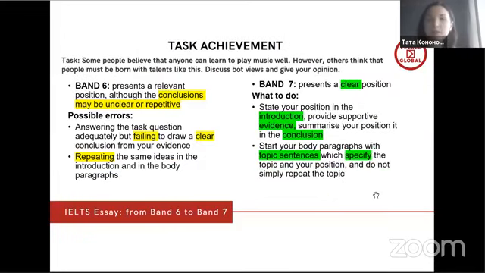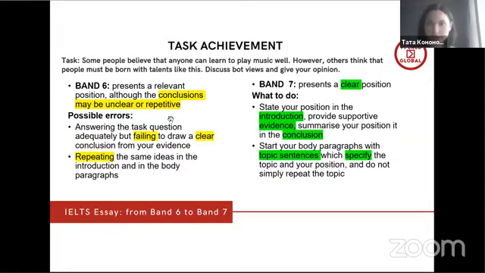The next point about task achievement says that you should present a very clear position throughout the whole essay. While if your conclusions are not very clear, or you repeat the same ideas all the time, then you will get only a band 6. Pay attention to this word, repetitive.